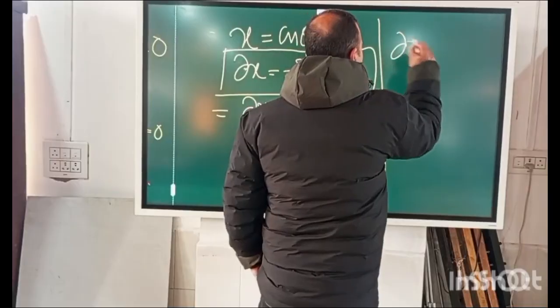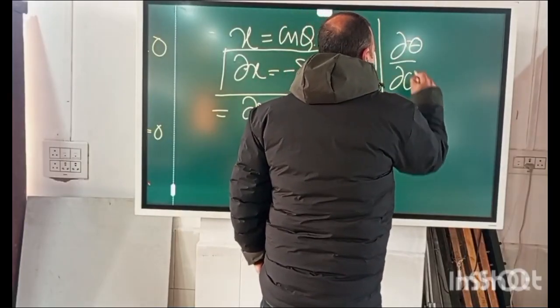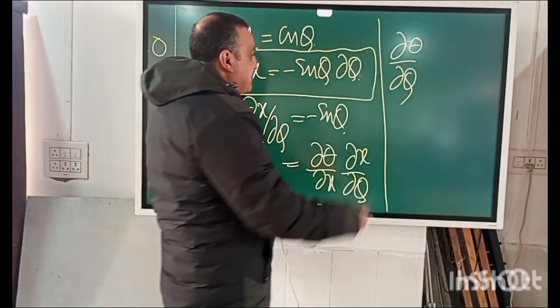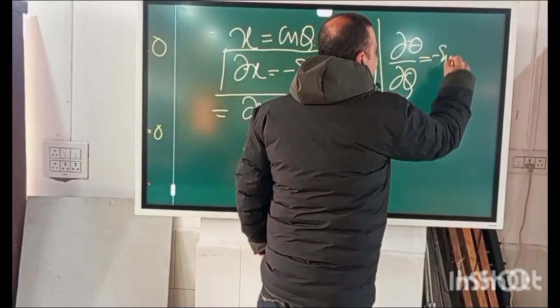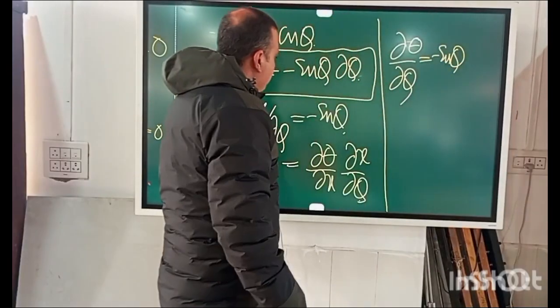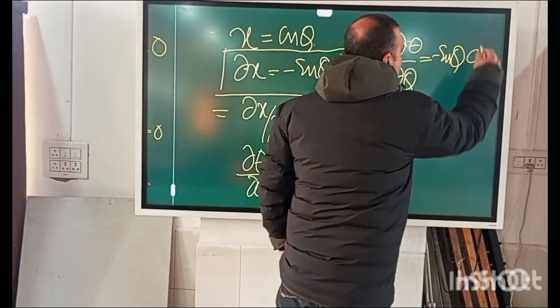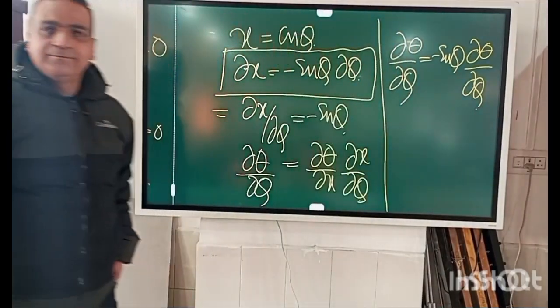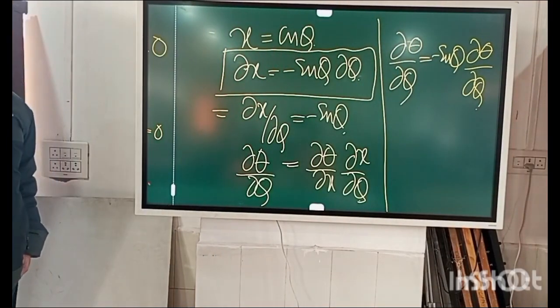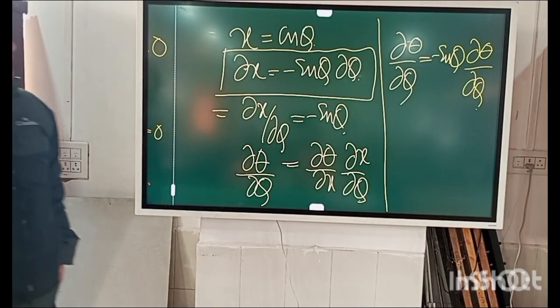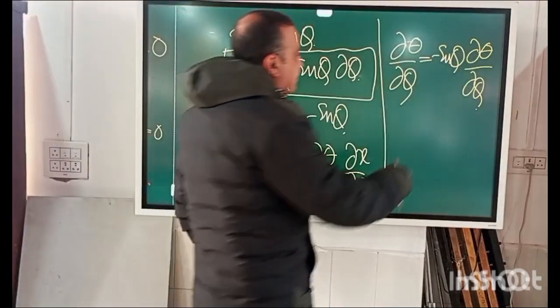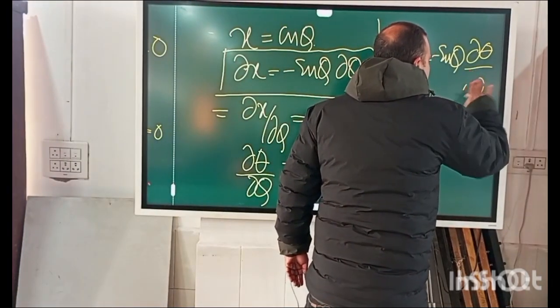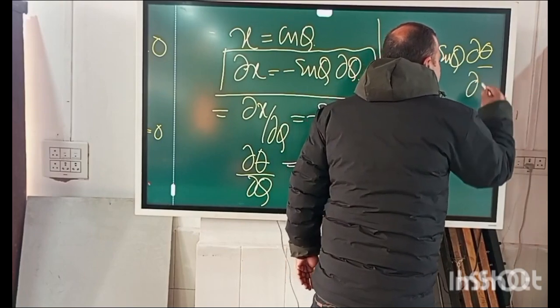Dou capital theta by dou small theta is minus sine theta dou capital theta by dou x. Yes, you're right, dou theta by dou x.